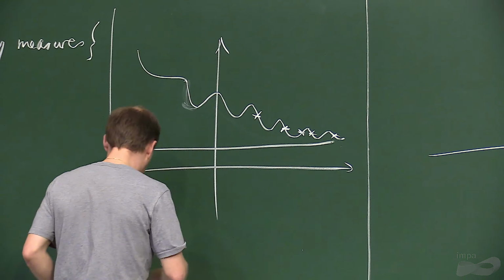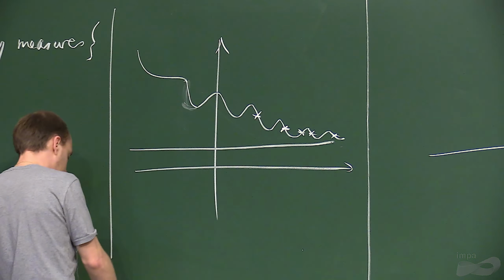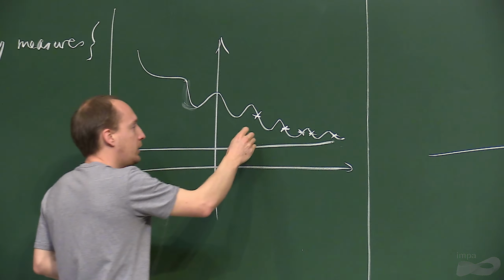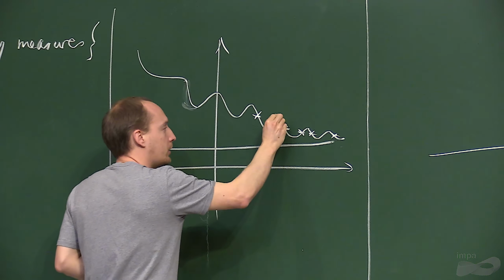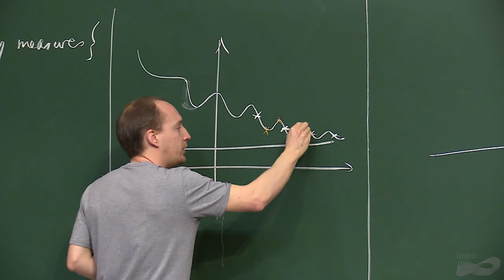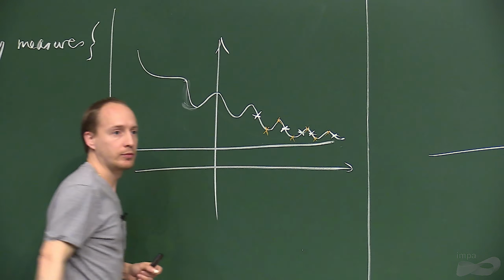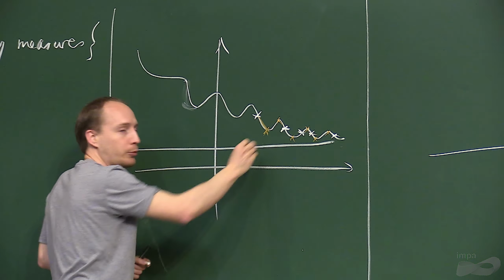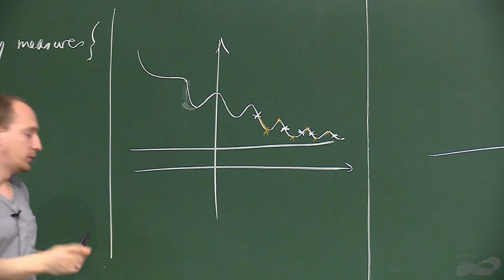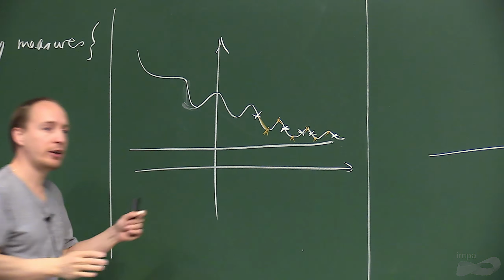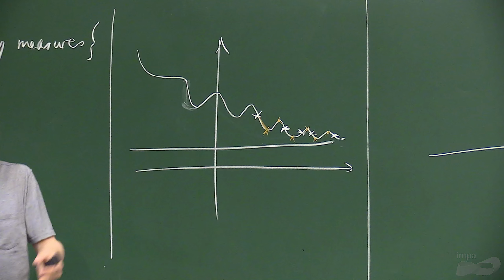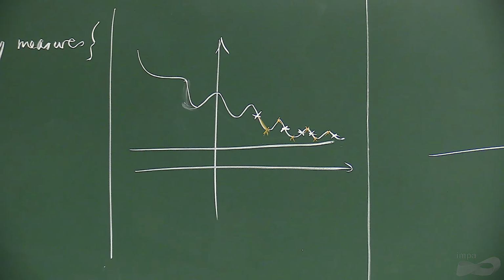And Ekeland's variational principle gives you, because you are a minimizing sequence, a sequence that is very close to also being a critical sequence. So you obtain something which is close to this, but also close to being critical. So it gives you a compromise between being critical and being close to your initial minimizing sequence.